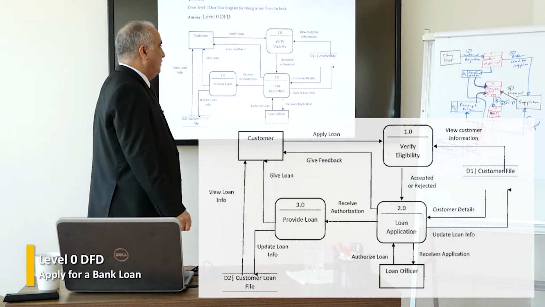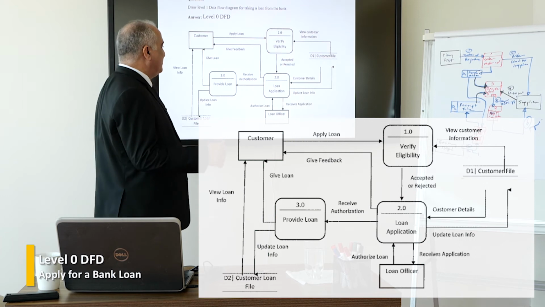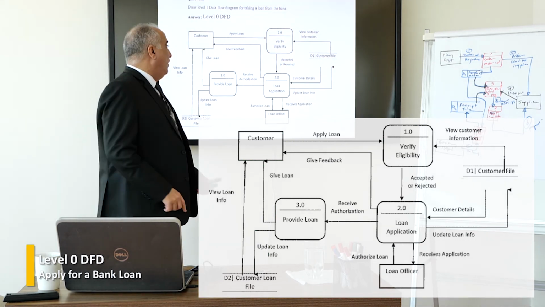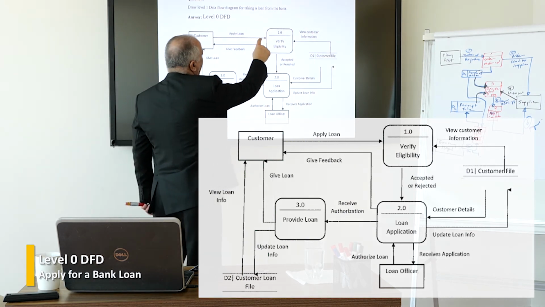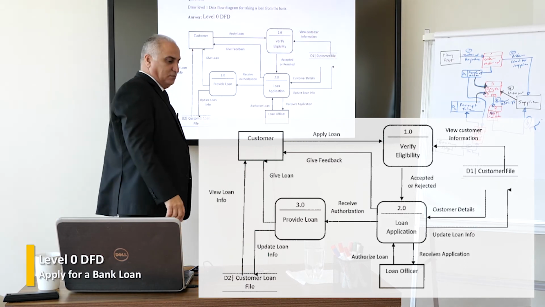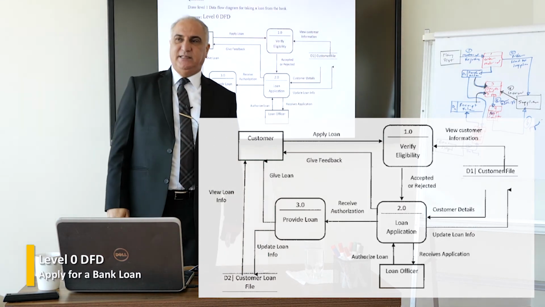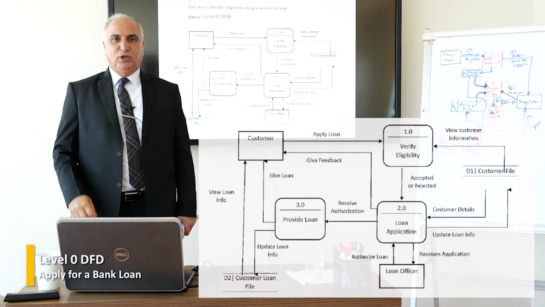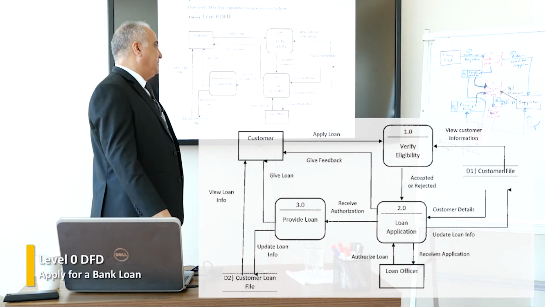These are external entities. We need to understand basically the processes involved. Logically, the first process is to check the eligibility of the customer who is applying for a loan, whether he is eligible or not. It could be based on nationality, on credit history, on many criteria.